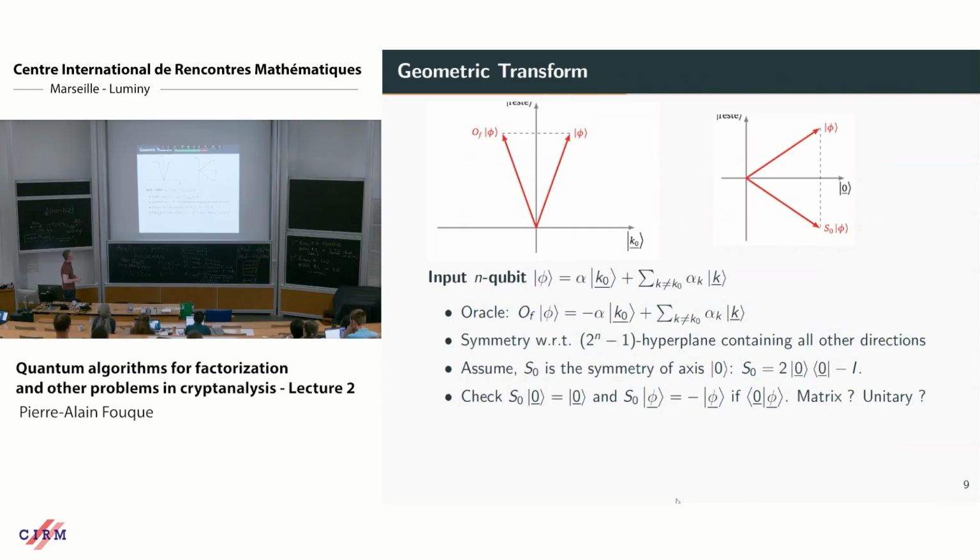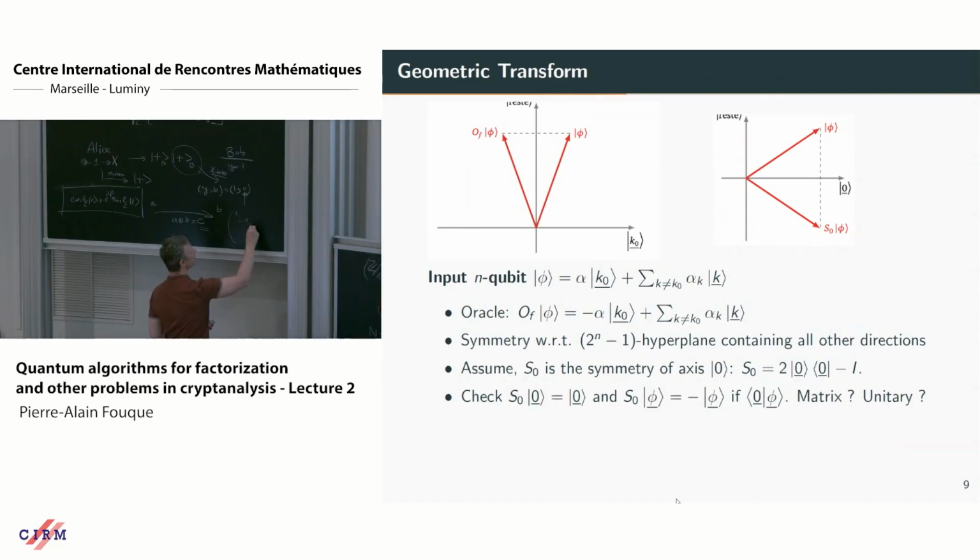And if you apply k0 here, you can see that it will be an eigenvector for this unitary matrix. And if it's something that is orthogonal, if it is equal to 0, it will be shifted to minus the value here. So the value here is that you have 1 here and -1 everywhere.